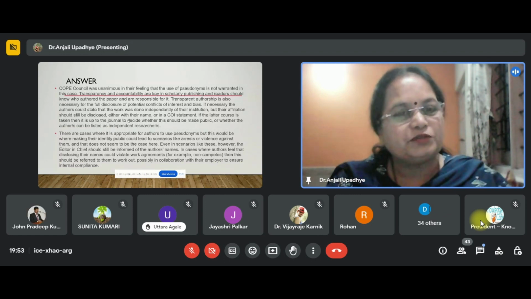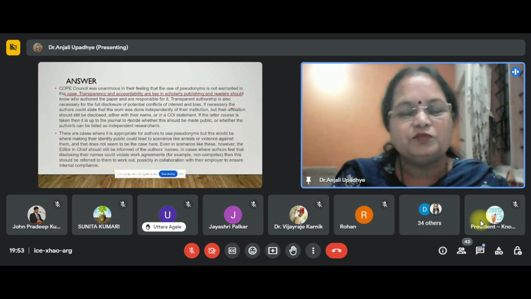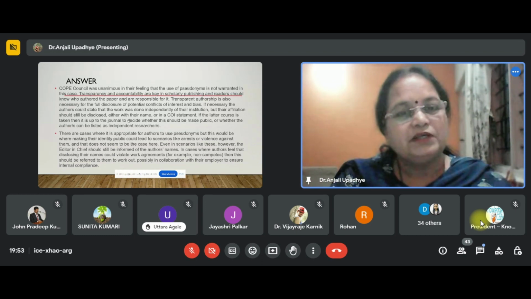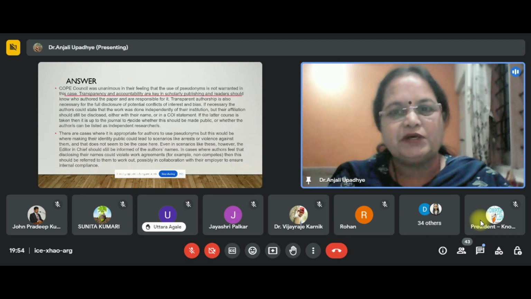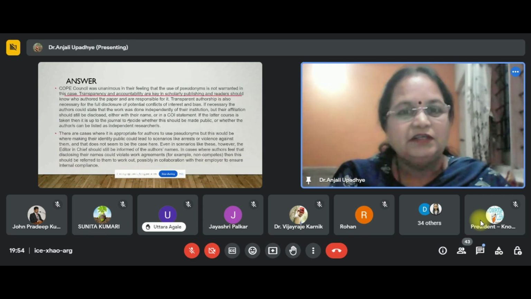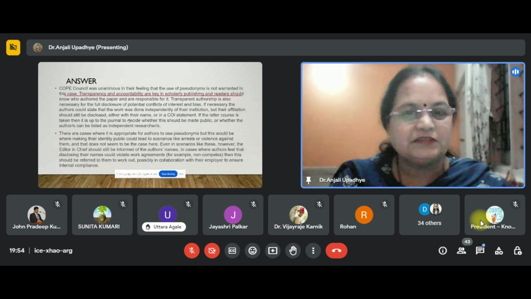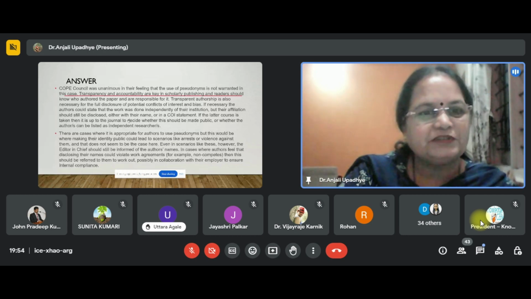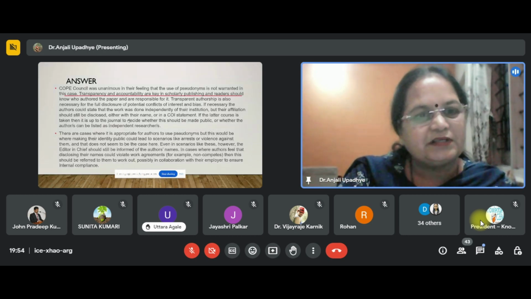If necessary, the authors should state that the work was done independently of their institution, but the affiliation should be disclosed either with their name or in the COI statement. It is up to the journal to decide whether this is made public or whether they are listed as independent researchers.